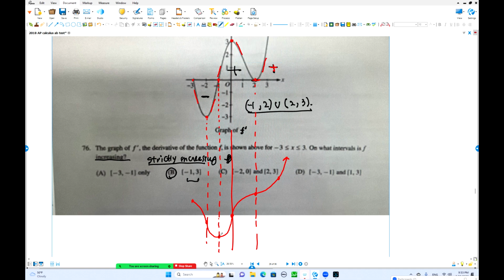From here, sometimes include this number or open, it doesn't matter. But sometimes they use negative 3 and 3, which is okay too, right? But they don't give both of these, this one or this one, okay?